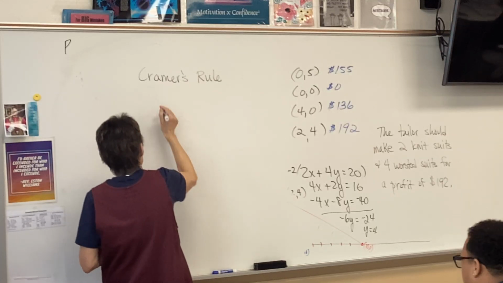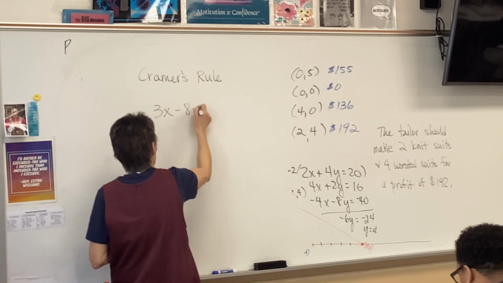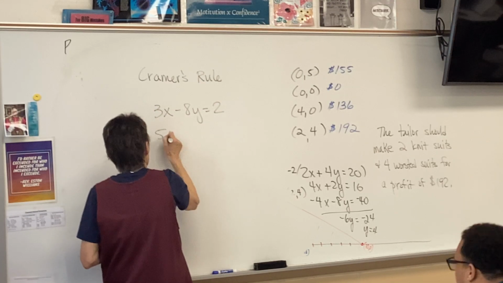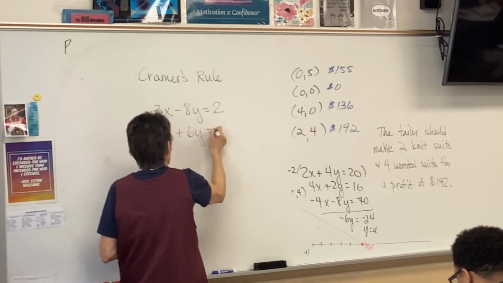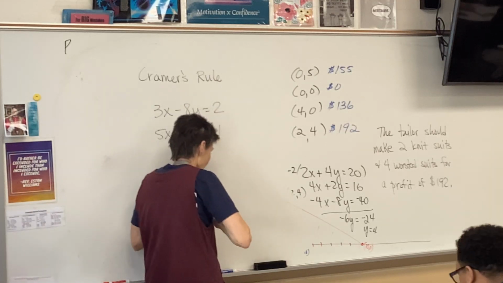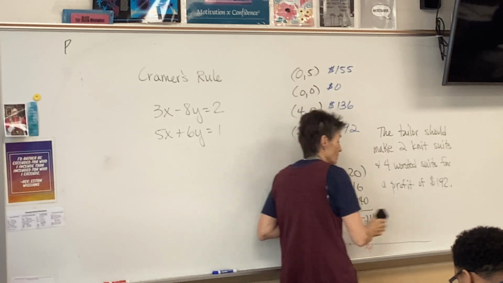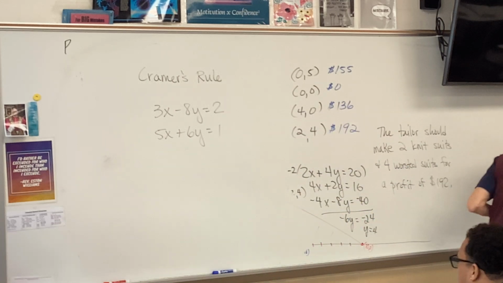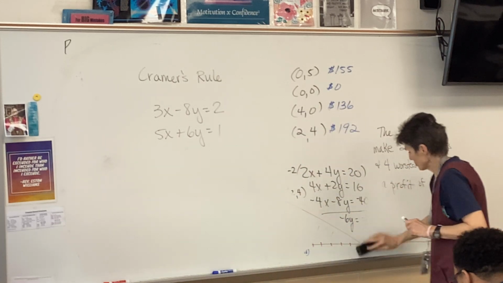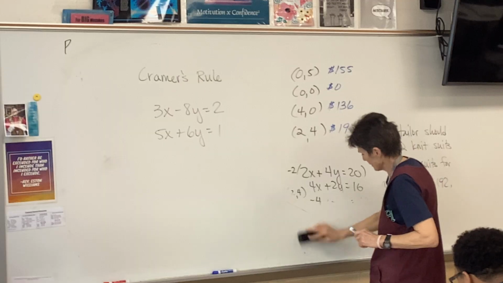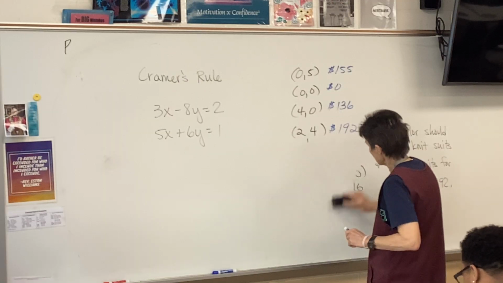And we're gonna solve 3x minus 8y equals 2, 5x plus 6y equals 1. There we go. Anybody wanna come up and do it? If you wanna use a marker from the box, that's great. I haven't touched those. So I've contaminated them.